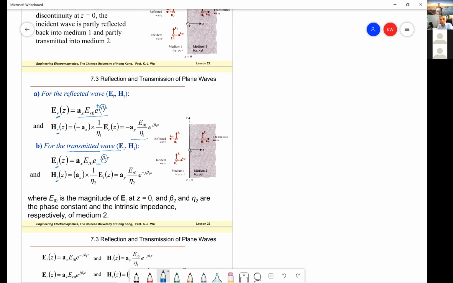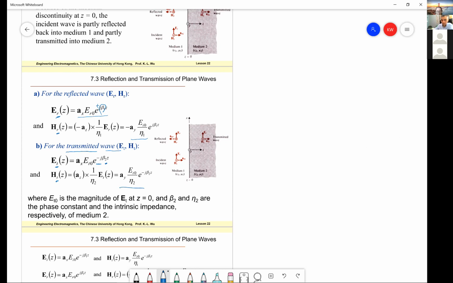For the transmitted wave propagating in medium 2, of course, I have to use the wave number in medium 2, so I indicate it by subscript 2. And similarly, we can write the magnetic field.